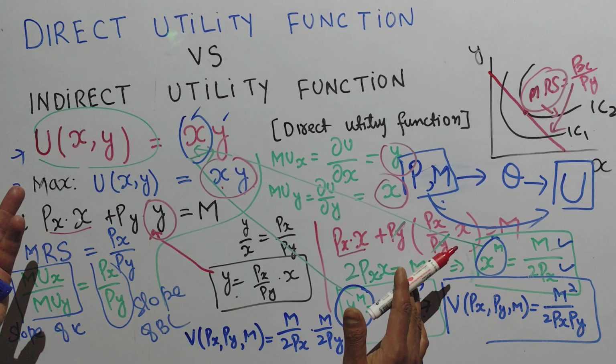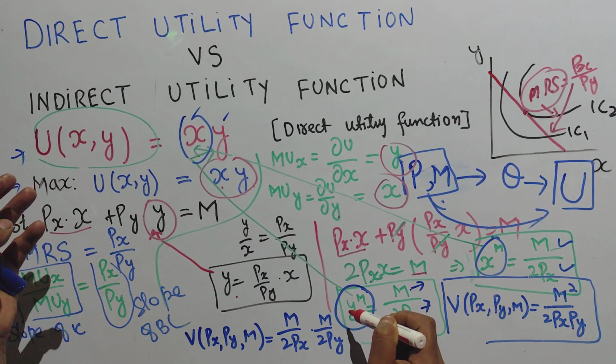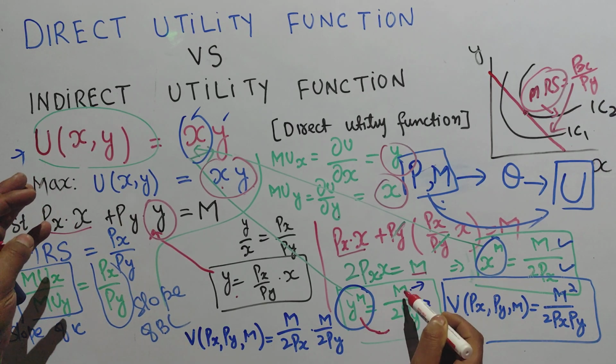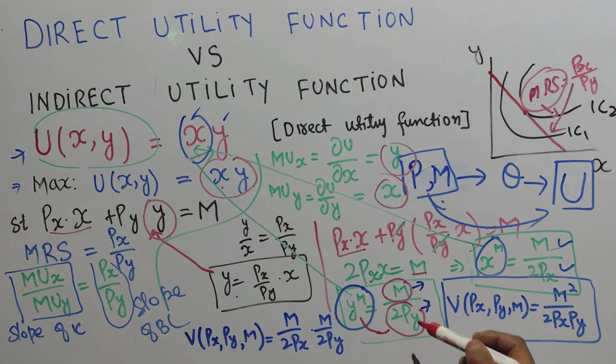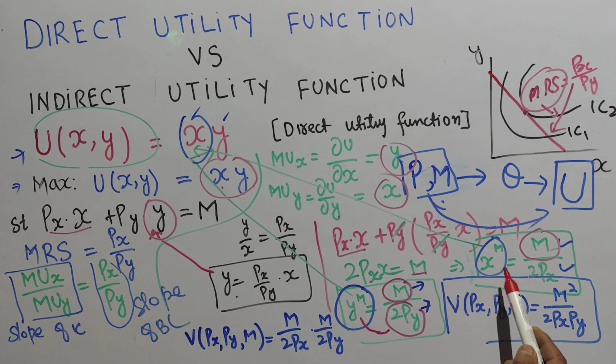What about the indirect utility function? Now we know that here the optimal quantities are in fact determined by the income and the prices. You can see here also, quantities of good X demanded by the consumer depend upon the income and the prices.